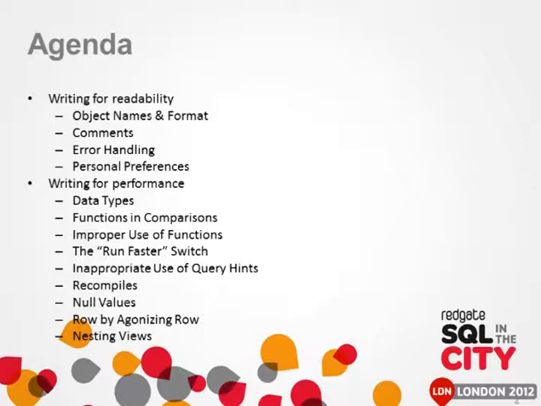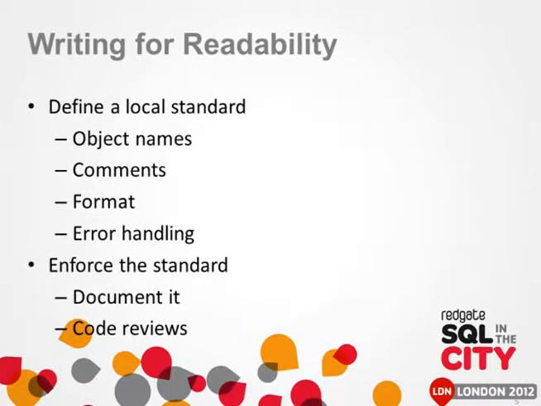All right, writing for readability. Here's the key. I can't tell you what to do. I can make some suggestions. I can give you some ideas. I can expose some horrific pain from my past for you to try to avoid. But the goal has to be for you guys to come up with your own standards.